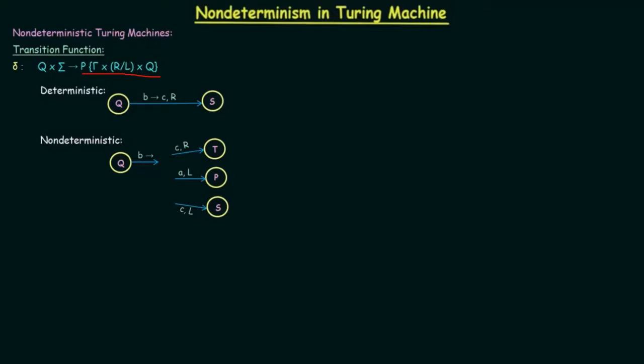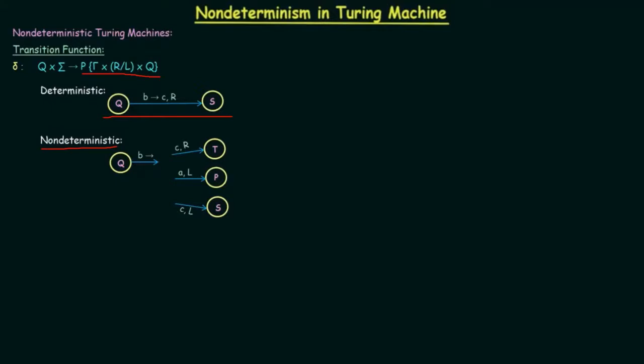So let's take an example. Let's say that for deterministic, it is going from Q to S upon getting this transition: B implies C, and it is moving right. That means whenever you get a B inside the tape, you replace it with a C and move to the right. But during the non-deterministic case, there are three possibilities.